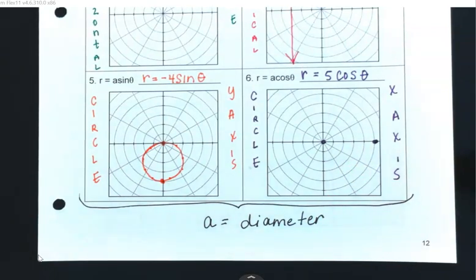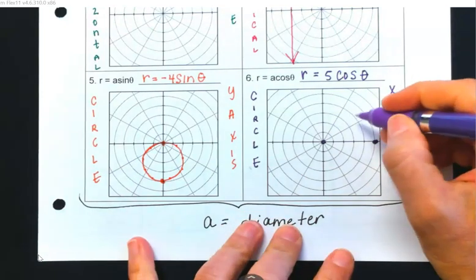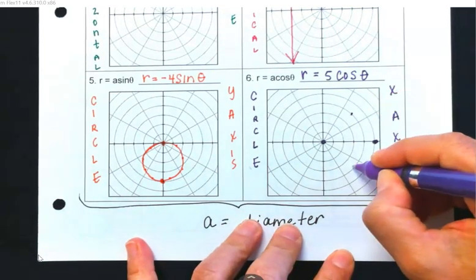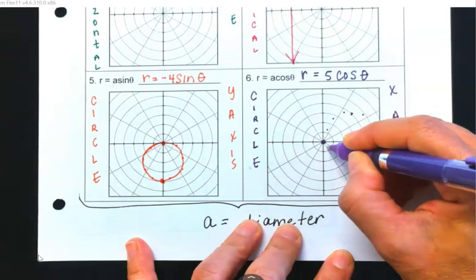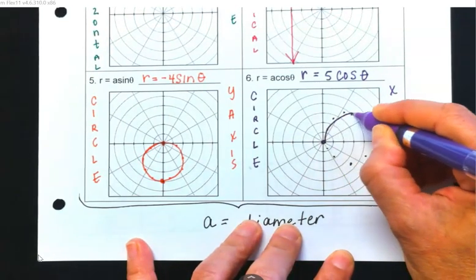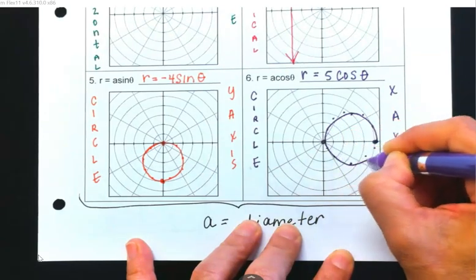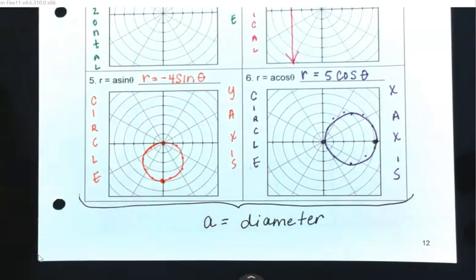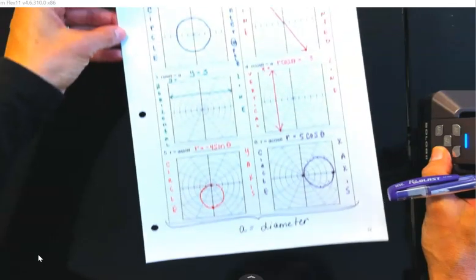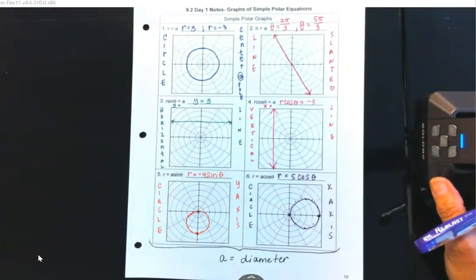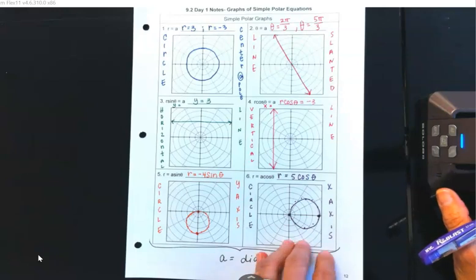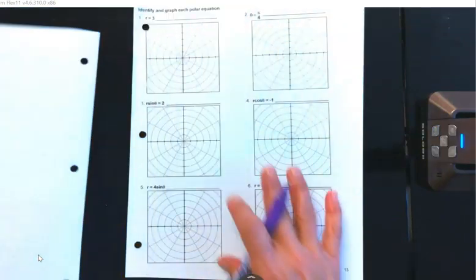So that's going to be the left and the right sides of the circle. So just kind of shape the best you can. So it's going to look something like that. And that is what we are practicing today. Very easy for today. So let's just continue to practice.